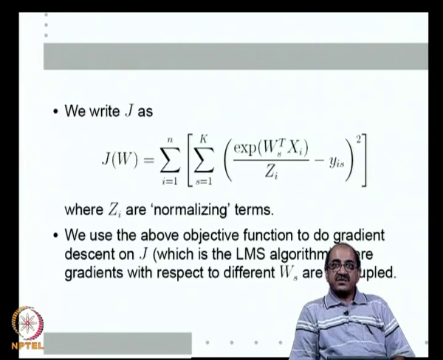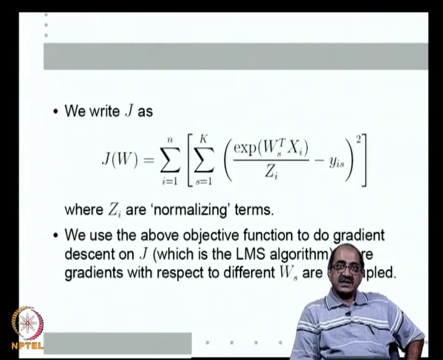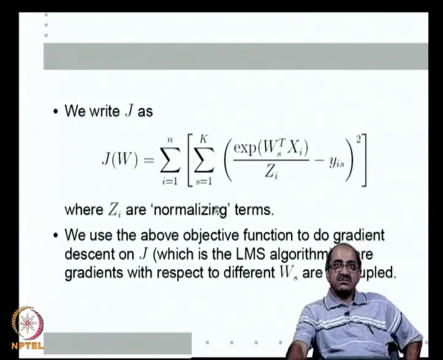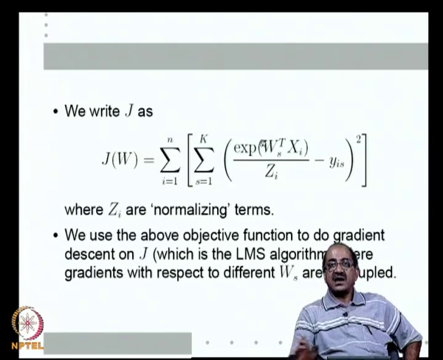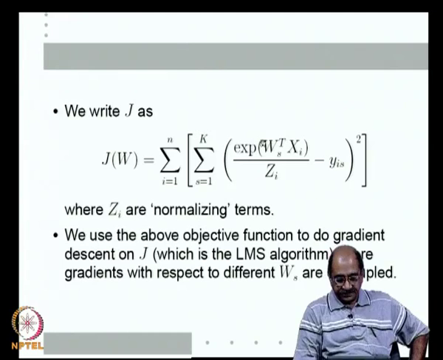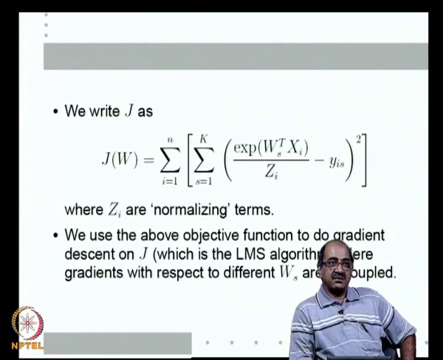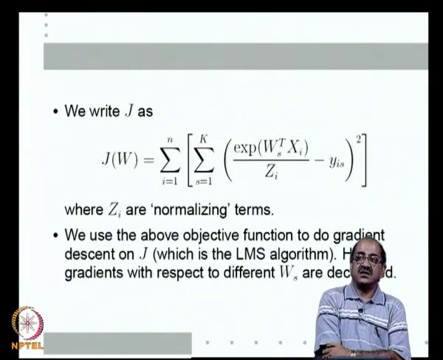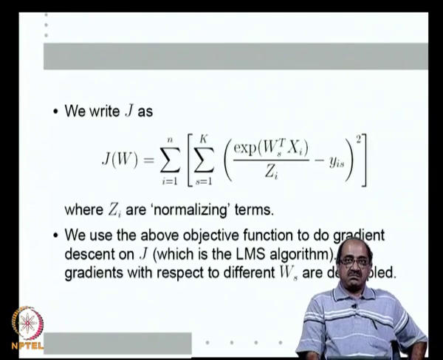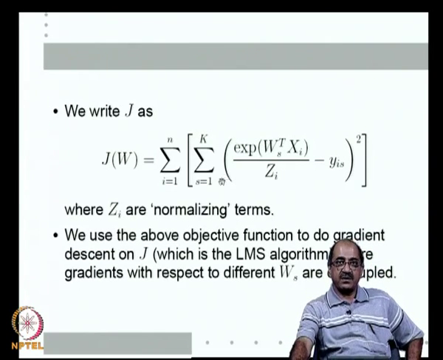If you use the above objective function, as I said, to do gradient descent on J, what does that mean? If I use the LMS algorithm on this, then gradients with respect to different Ws are completely decoupled. So, I can now run this as if I am doing m number of different individual functional learning problems.